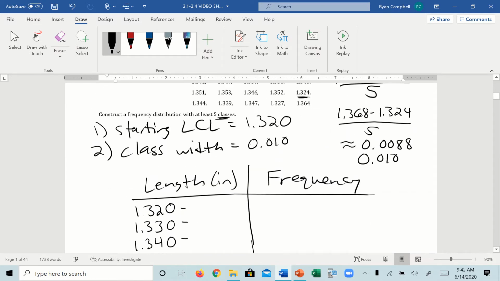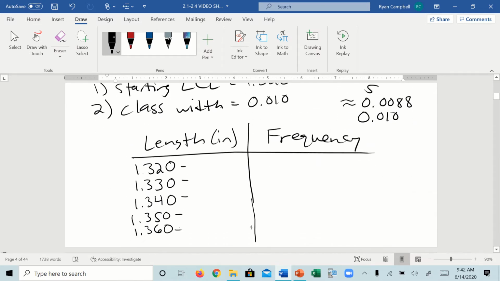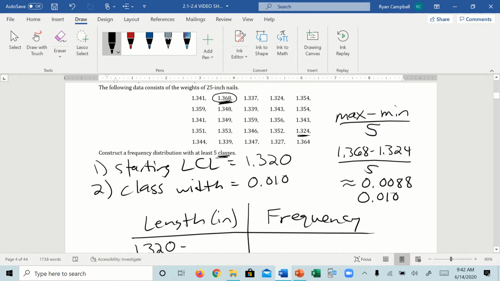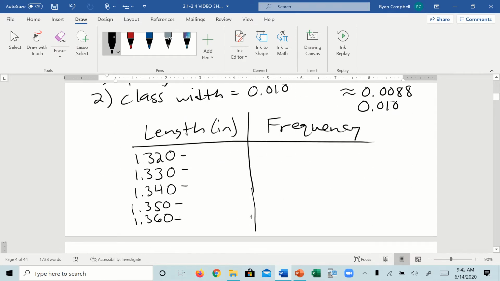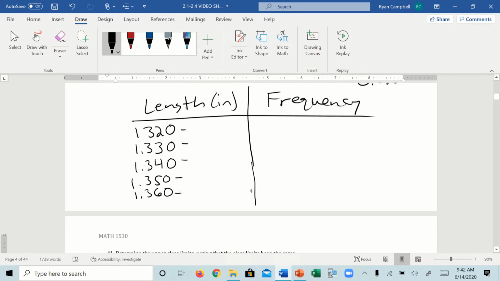So basically, if you do have 1.320, you should actually include the 0, right? If there are 3 decimals in your data, there should be 3 decimals in your table, right? If there's 2 decimals in your data, you need to have 2 decimals in your table, and here's why.